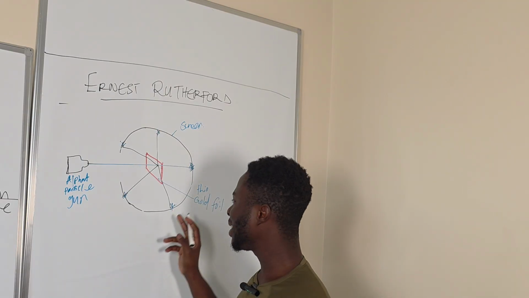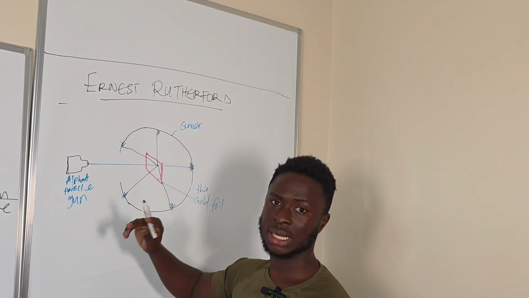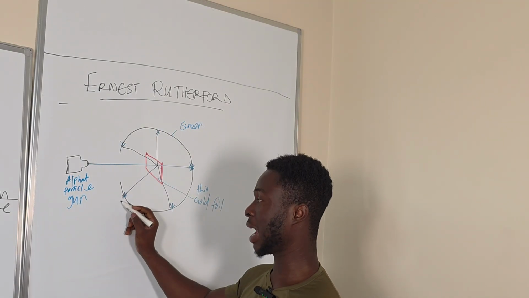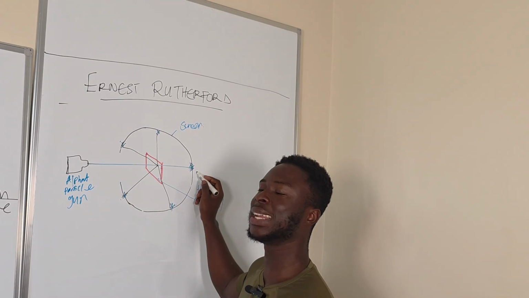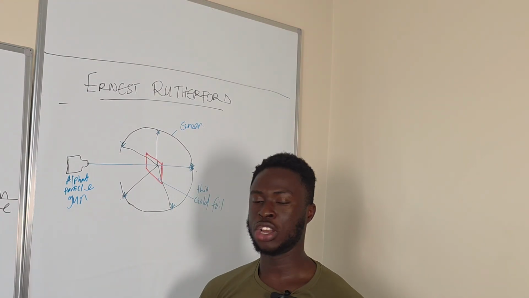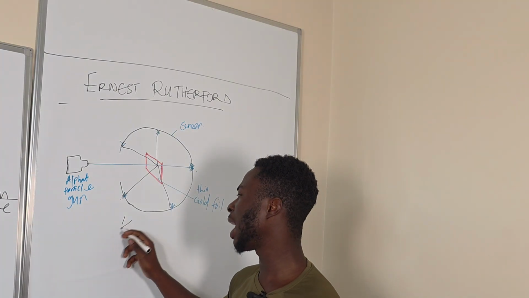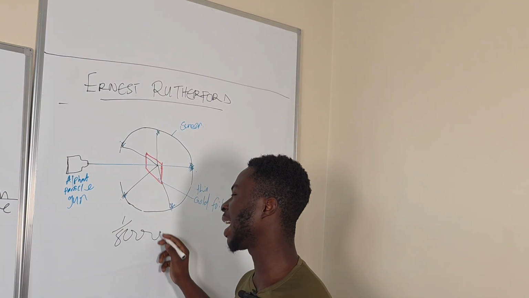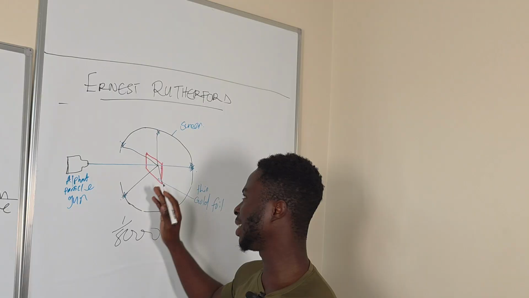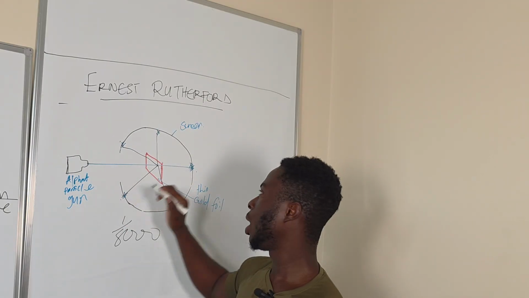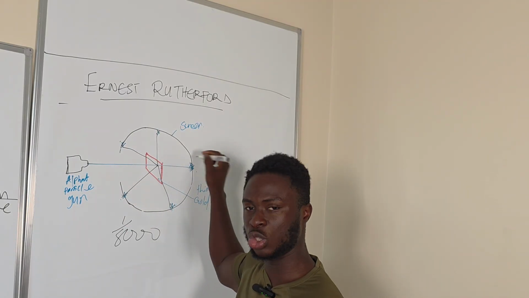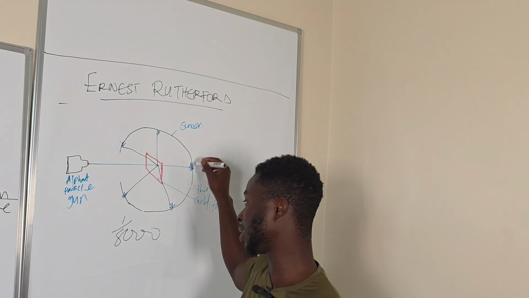And it wasn't equal. When you read into his experiment very well, it was every 1 out of 8,000 times that when he shoots this, it lands anywhere apart from the expected zone where the particle was expected to land.